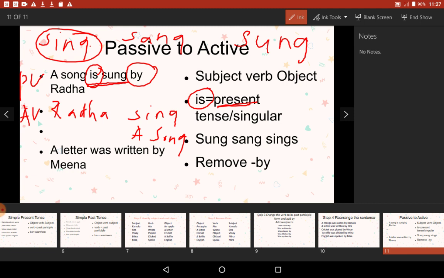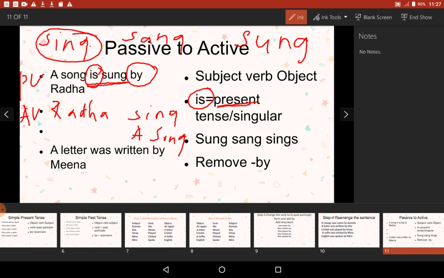Now when we read the sentence, it becomes Radha sing a song. Now if we write Radha sing a song, the sentence is not grammatically correct. Why? Because in the last class we had learnt that in simple present tense, whenever we have a singular subject, we need to use a singular verb with it.